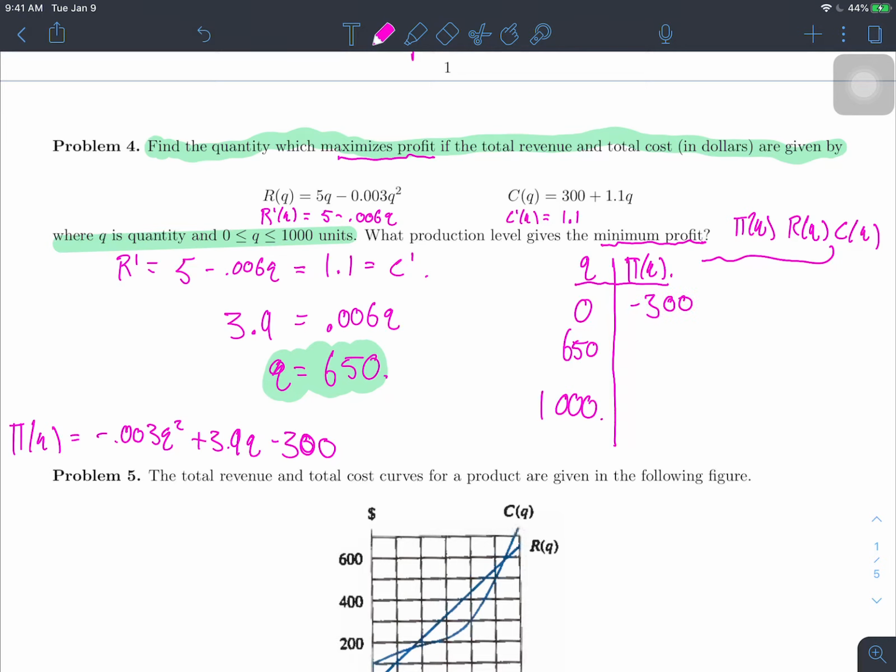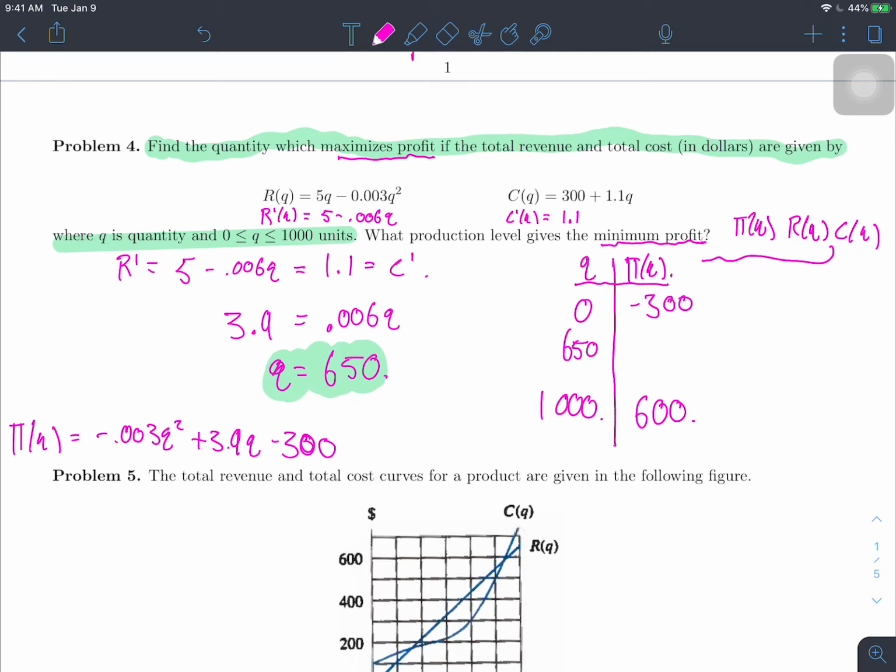Now let's do some computing here. 3.9 times 1,000 minus 0.003 times 1,000 times 1,000 minus 300. All right, I think I got 600 for 1,000.